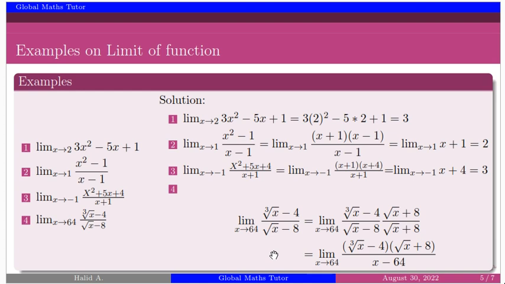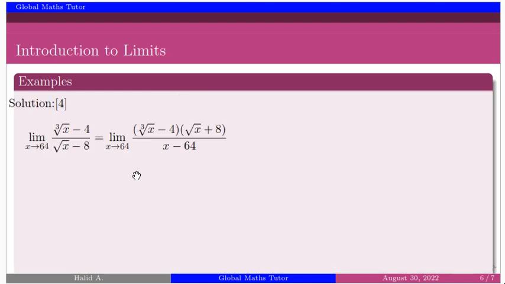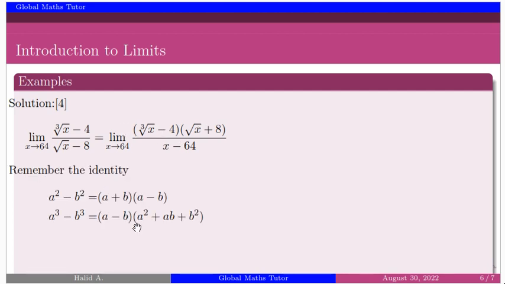Anyways, let's check. Remember this identity: a squared minus b squared is a plus b times a minus b. Since we have cube roots here, we need to check if it is possible to factor a cubed minus b cubed, which is the same as a minus b times a squared plus ab plus b squared.